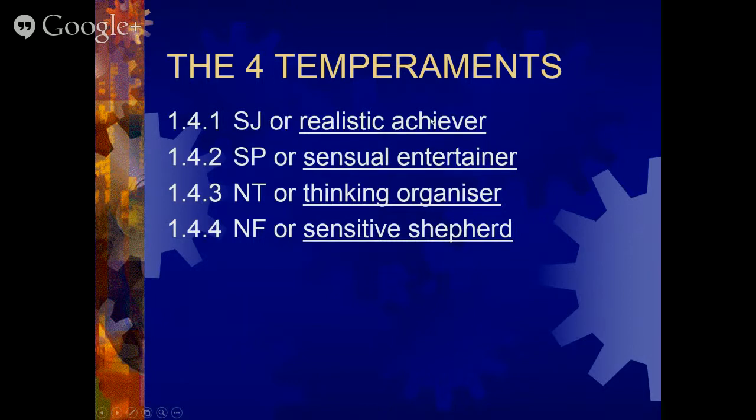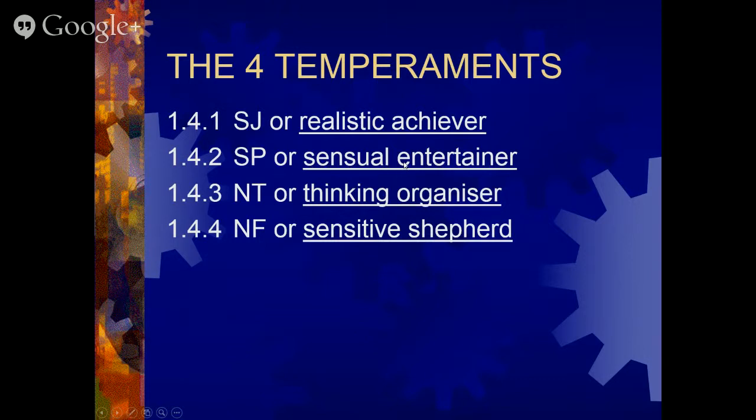An SJ is what we call a realistic achiever. A person who operates very much on the facts in front of you, and then who judges and makes judgment calls very easily. The SP is the person who is more important with how they themselves and others in the room are feeling.